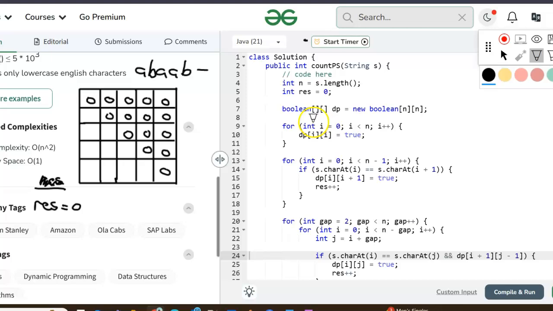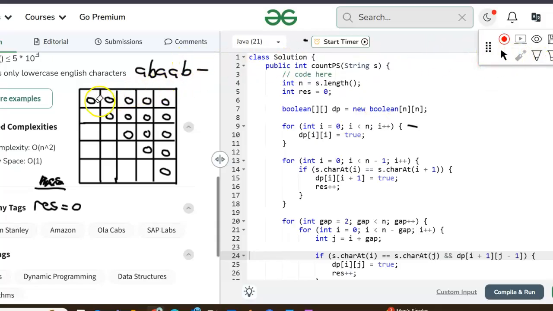All right, first thing we do here is for i goes from 0 to n, dp[i][i] equals true. So every single character is a palindrome. We're not going to count it as a palindrome, but for the sake of recognizing other palindromes, it is a palindrome.